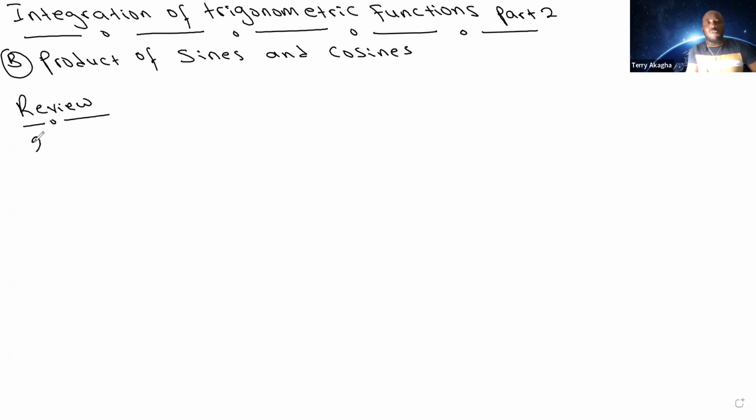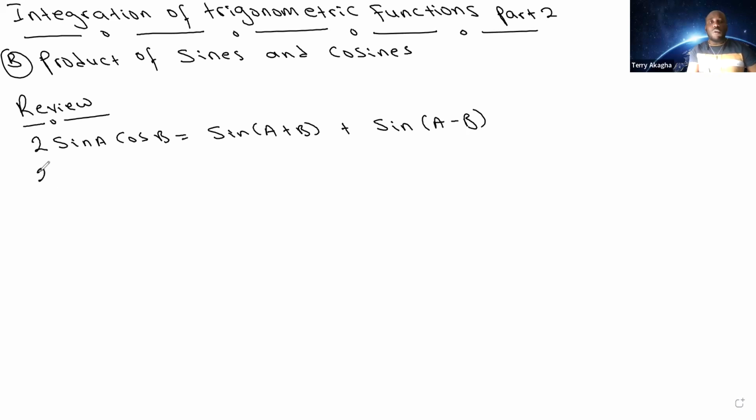You know that 2 sine A cos B is going to be equal to sine(A plus B) plus sine(A minus B). So one of the trig identities you should know is 2 sine A cos B is sine(A plus B) plus sine(A minus B).